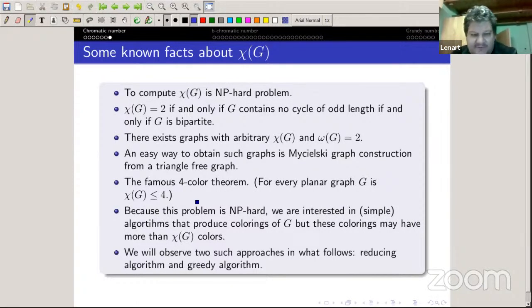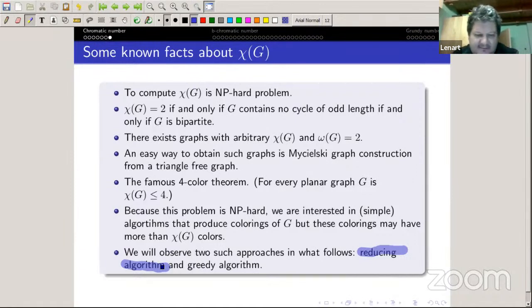And we will observe in what follows 2 such approaches. One, we will call a reducing algorithm. Actually, I'm not sure that this name is used in the literature. I did not find any name in the literature, so this is just my invention.